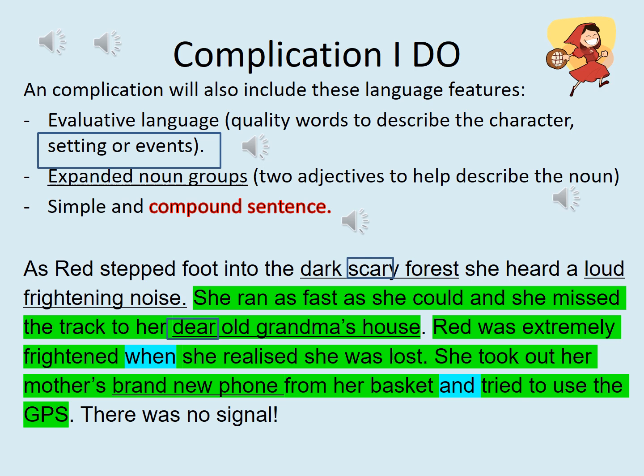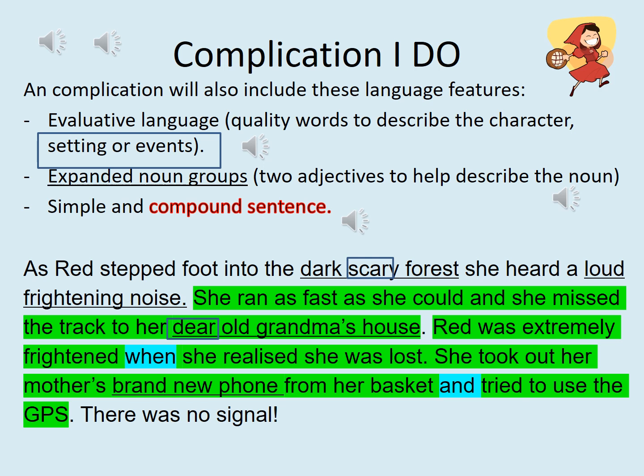My next compound sentence was, Red was extremely frightened when she realised she was lost. I've used the word when as a conjunction, and this will happen sometimes. My last compound sentence is, she took out her mother's brand new phone from her basket and tried to use the GPS.